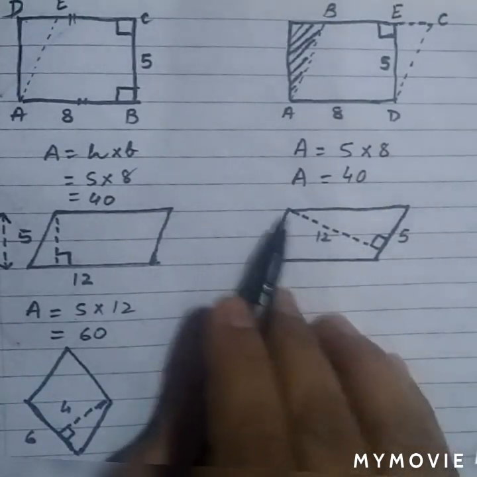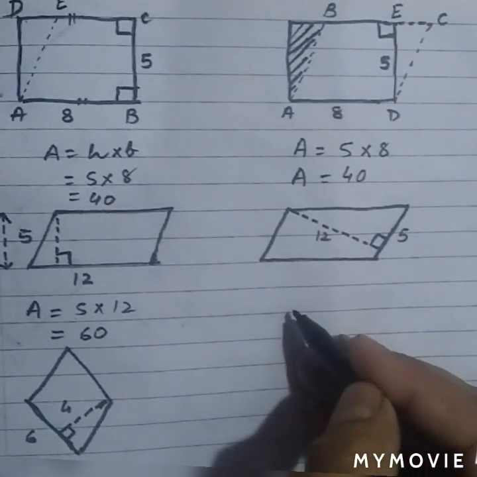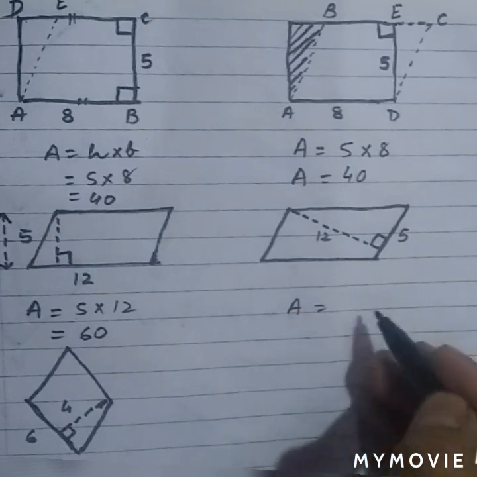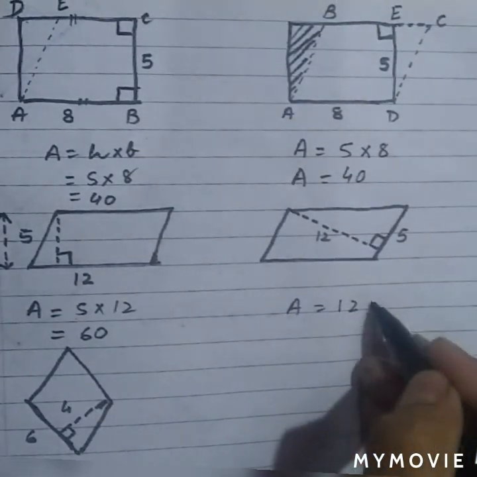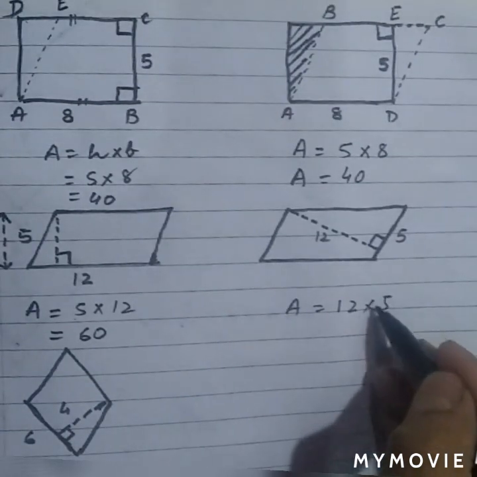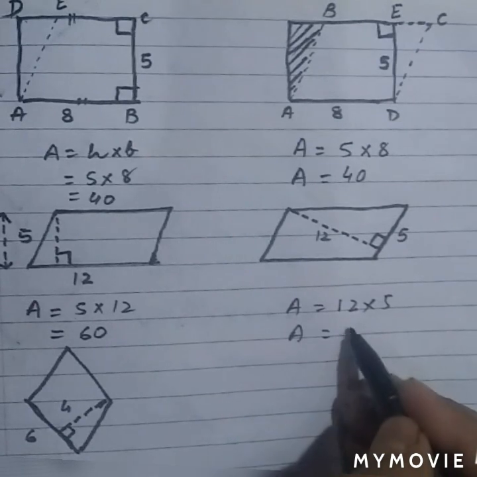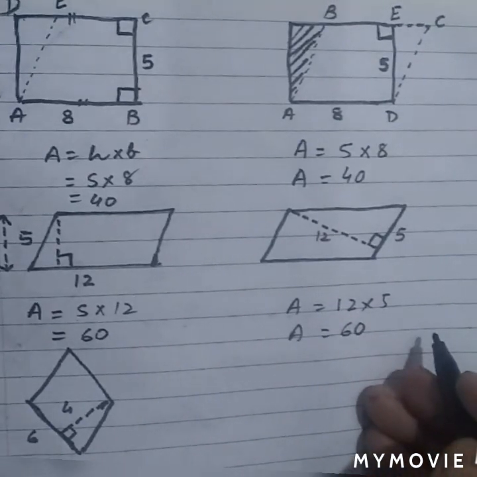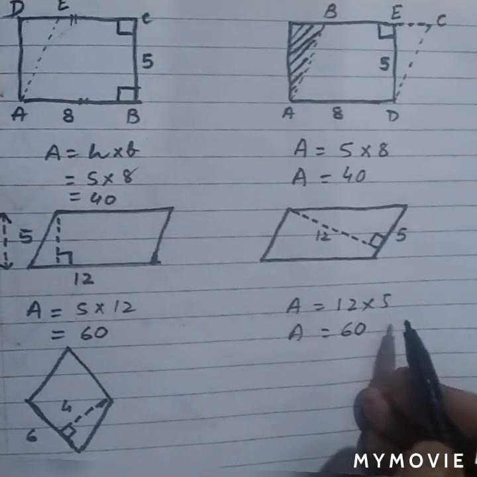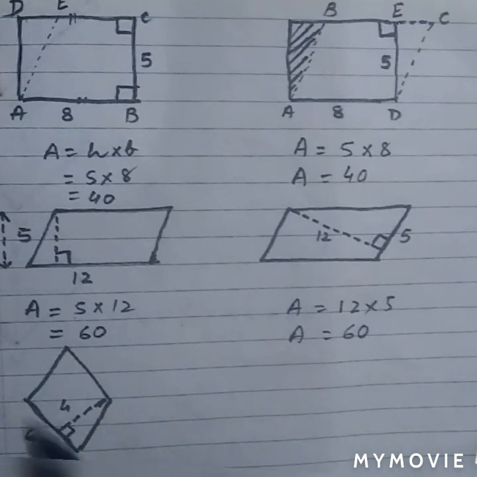Again, to find the area of this parallelogram, we multiply the perpendicular height, which is 12, by its base, which is 5. So the area of this parallelogram will again be 60 units square. Whatever the units are given, we can write them over there. Now look at the last parallelogram which I have drawn over here.